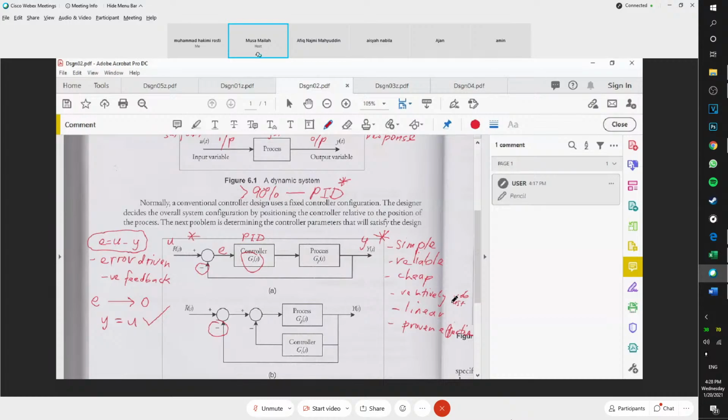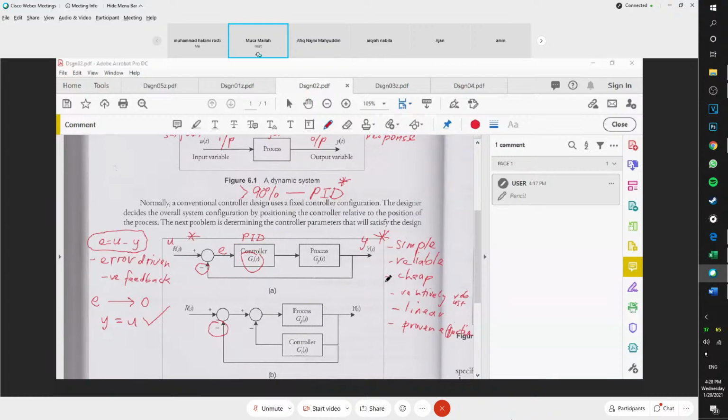Yes, PID is dominant in the literature. Why? Because it is proven to be effective. It is one of the controllers that has been studied by many researchers. Who invented PID? You ask Professor Google.